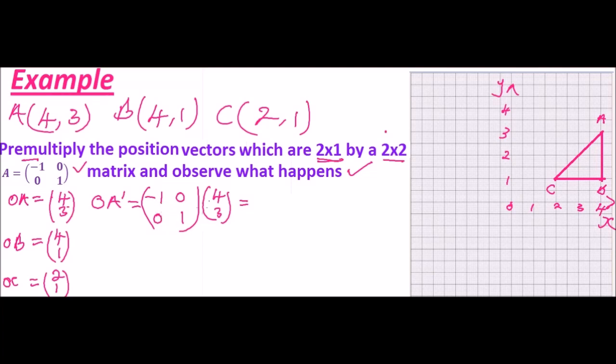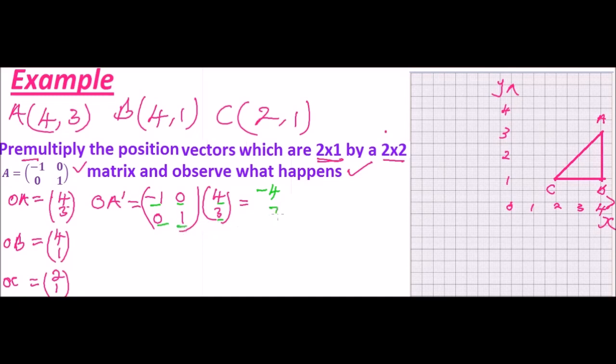We multiply minus 1 times 4, which gives minus 4, plus 0 multiplied by 3, which gives 0. So up here we have minus 4. Then for the next row, we have 0 times 4, that is 0, plus 1 times 3, which gives 3.